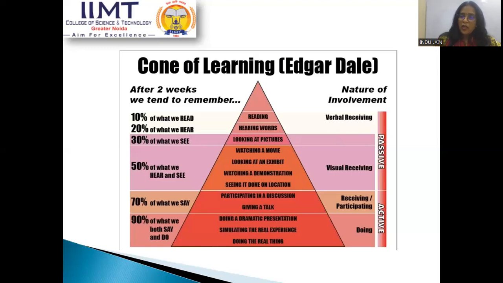Our sense organs are eyes, ears, nose, tongue, and our skin. In learning by doing, we involve almost all our sense organs in the learning process. By eyes, we can easily see the things which are happening.